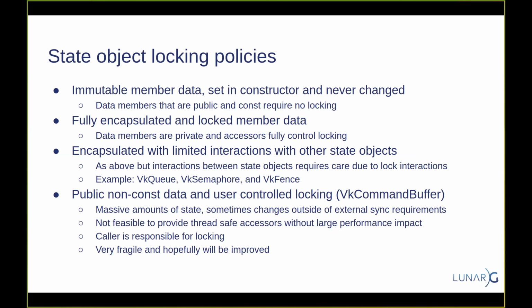And then after that, we get into some cases where we can encapsulate all the data accesses, but because these objects interact pretty closely, you have to be careful as a developer to make sure you're not holding multiple locks in a row or causing deadlock. The best example of this is the queues, semaphores, and fences, where we're trying to use state changes in the semaphores and fences to determine how much forward progress has been made in the queue.